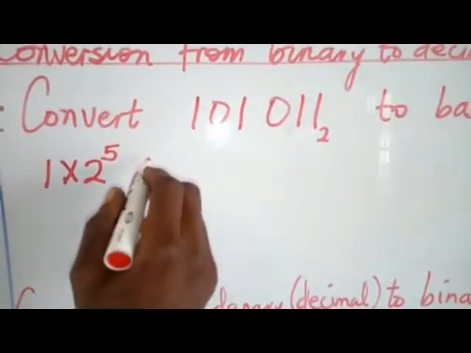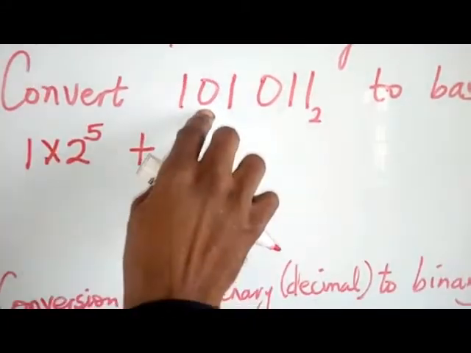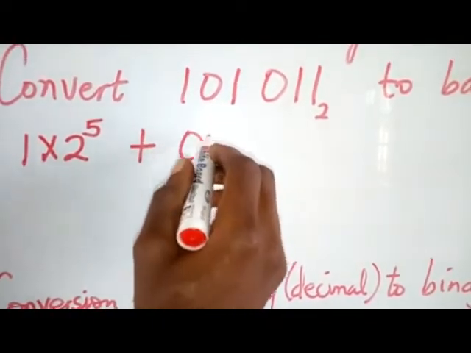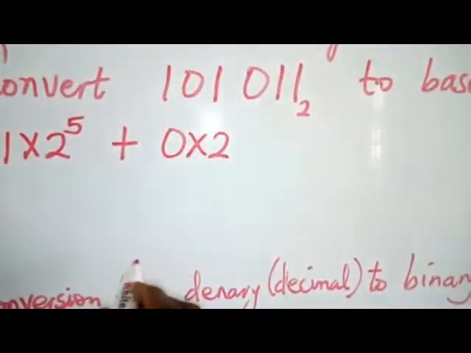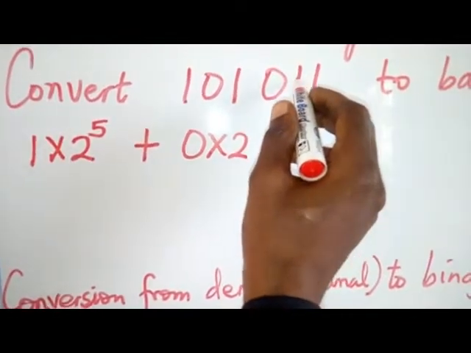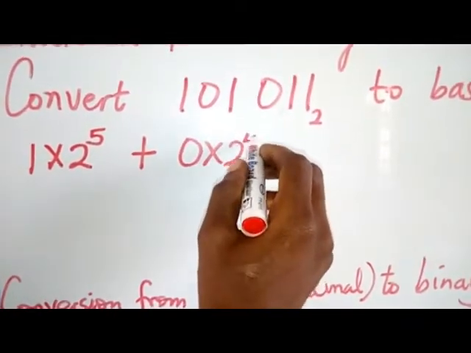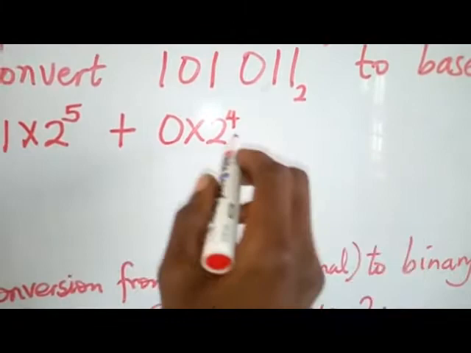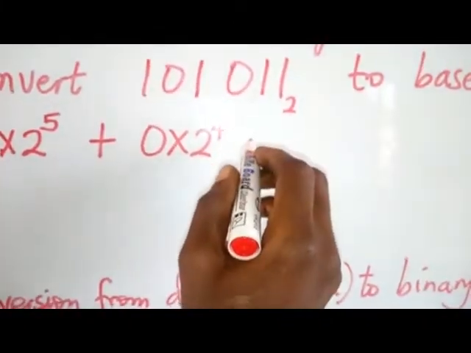Then we go to the next digit, which is 0. You write 0 times the base, which is 2, and then the remaining digits 1, 2, 3, 4. Write there power 4. And the power is decreasing serially.